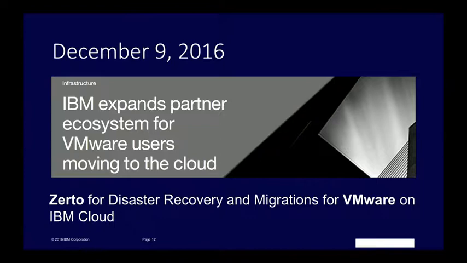But we really wanted to take a step back and evaluate the market and see where the market was headed, what were some of the cool things the market was doing, the feature sets, the use cases that we needed to solve for, and the product that we wanted to go to market with initially was Zerto on the disaster recovery side.